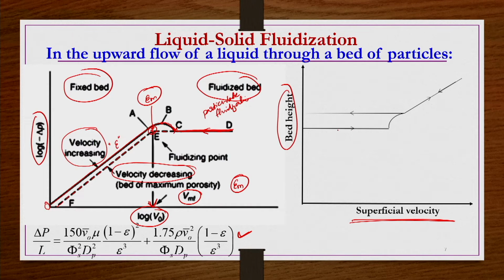Initially, the initial compact packed bed height, or initial packing height, whatever compact packing you have taken, will be there up to a certain velocity, it will not be disturbed, but after a certain velocity, this will take this curve path like this, because this is the region where the expansion of the bed is taking place, and the buoyant weight of the bed is balanced by the overall resistance offered by all the particles, and after this point, if you further increase the velocity, the bed height is going to increase like this.